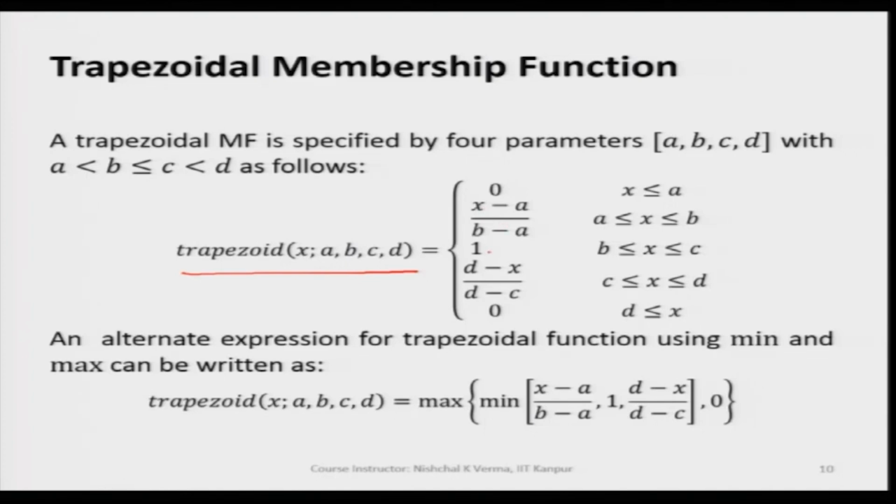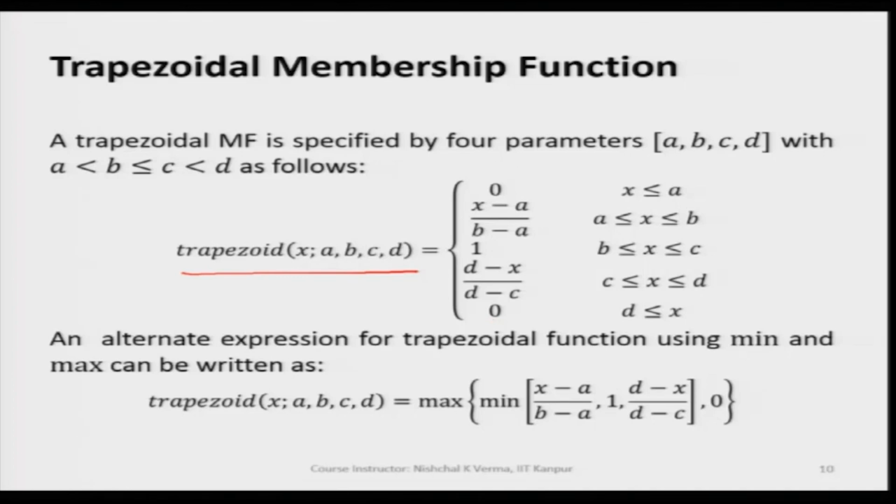It is 1 for all values of x between b and c. For x between c and d, we have (d minus x) over (d minus c). And for all values of x greater than or equal to d, we have 0.